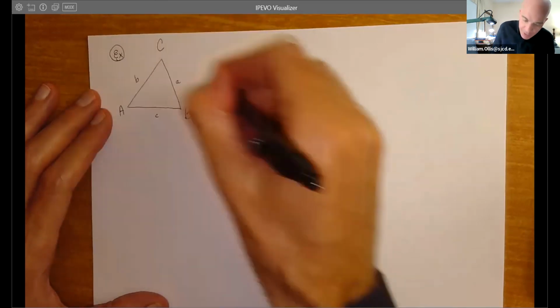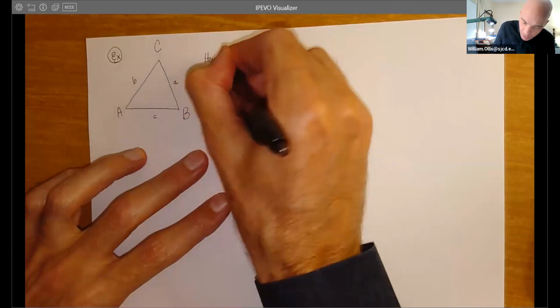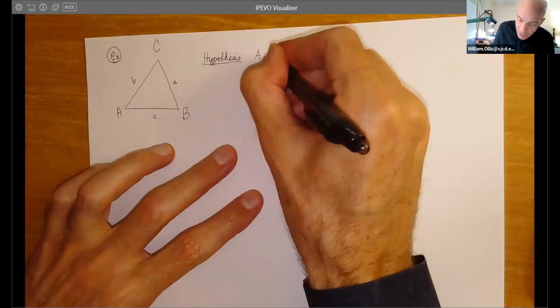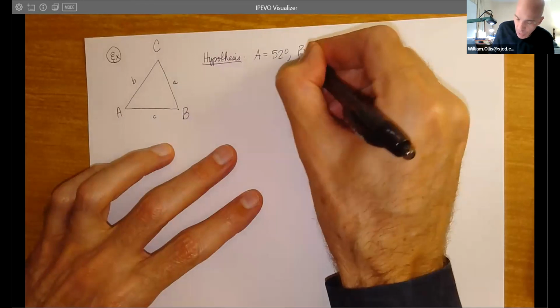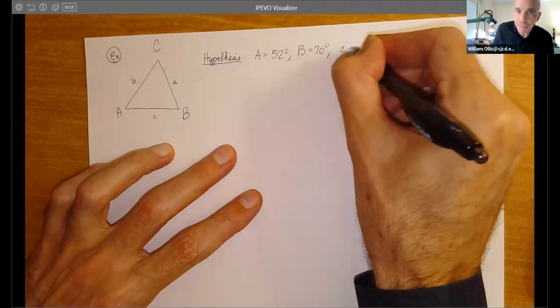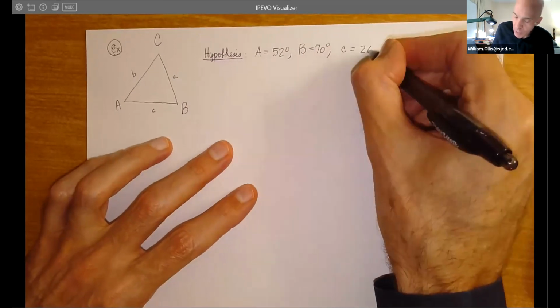So here's the hypothesis. This is what we're given for the generic triangle. That is, we have A equal to 52 degrees. We have B equal to 70 degrees. And we're given that the exact measure of side C is 26.7.